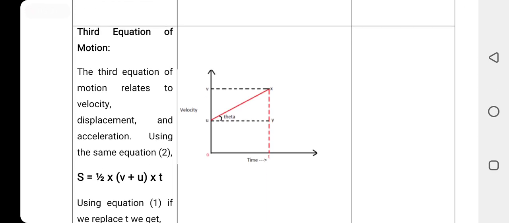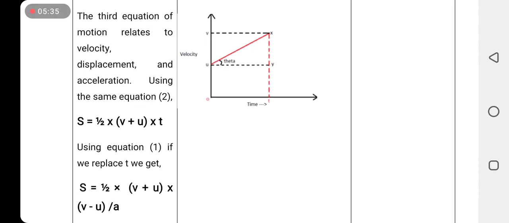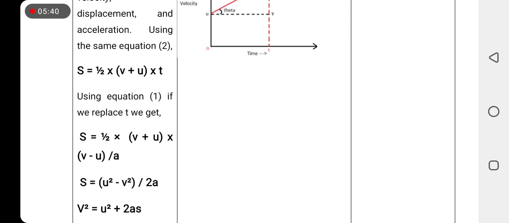Third equation of motion. The third equation of motion relates velocity, displacement, and acceleration, using the same equation 2.